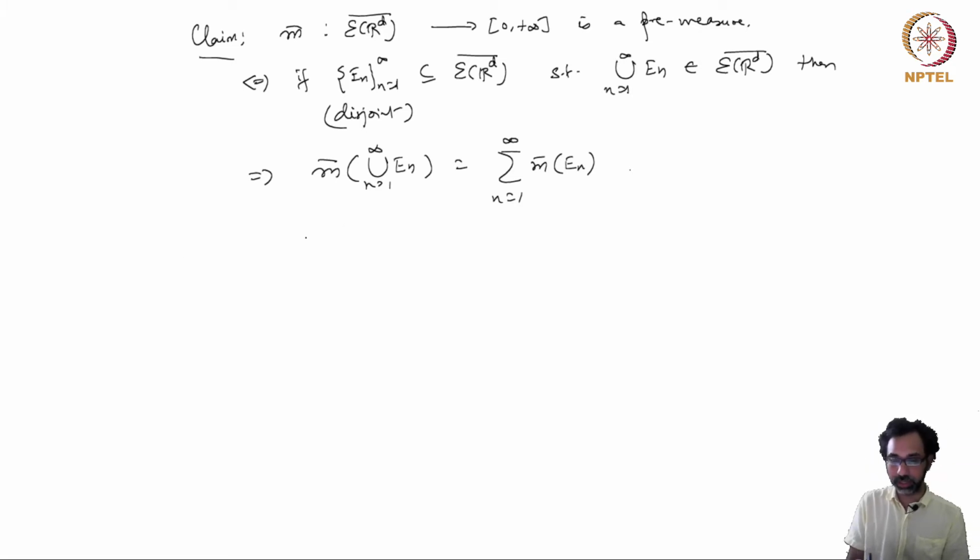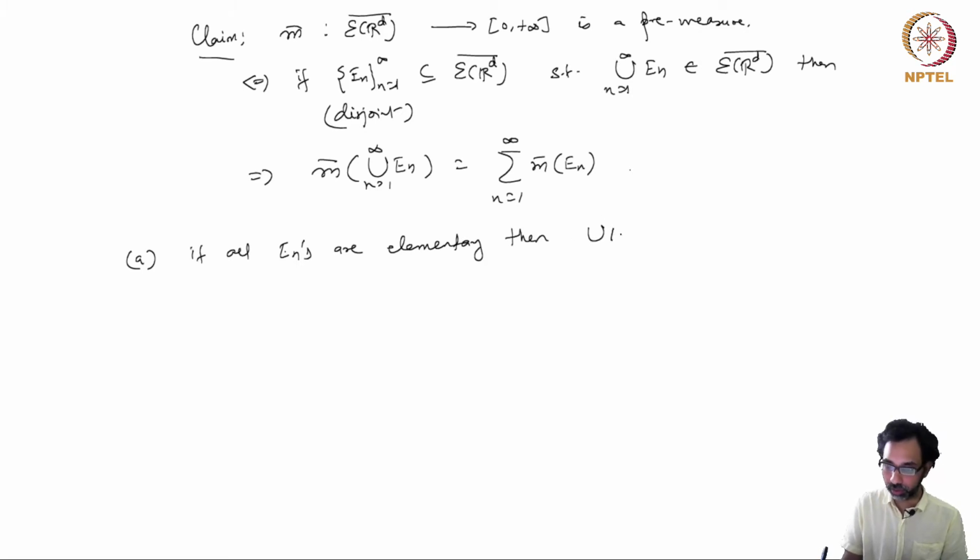So now let's analyze what kind of unions are possible. Let's divide them in cases. So if all the E_n are elementary, then the union over n equal to 1 to infinity can be either elementary or co-elementary.